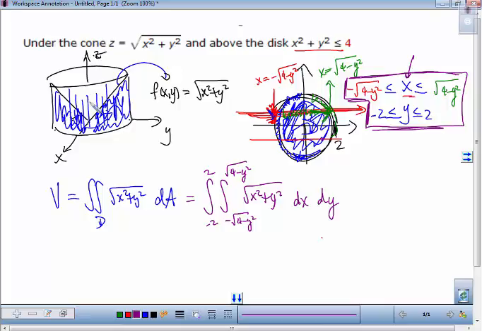I'm not going to integrate this. Are there any questions? If I were to do it, I'd plug it into Mathematica.